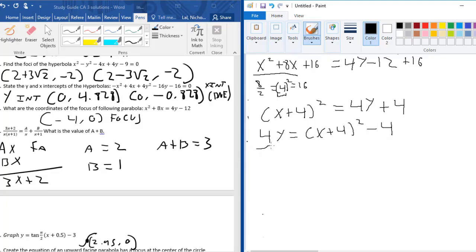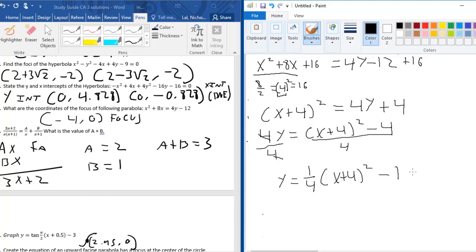My last step is to divide each side by 4 to isolate y. When I divide each side by 4, I do isolate y on the left-hand side of the equation. And I'm left with 1/4 times x plus 4 squared, and then negative 4 divided by 4 is minus 1.